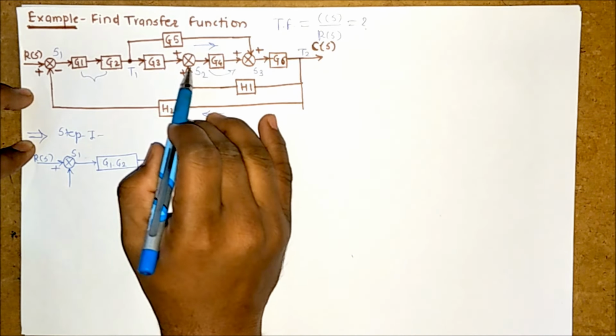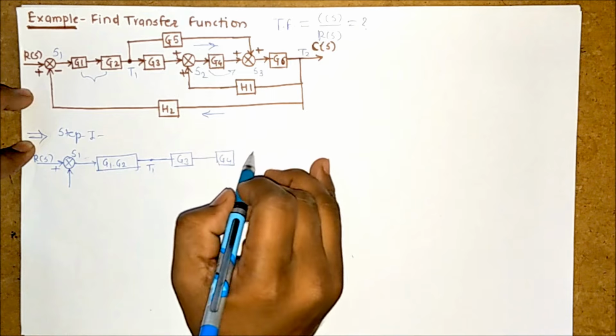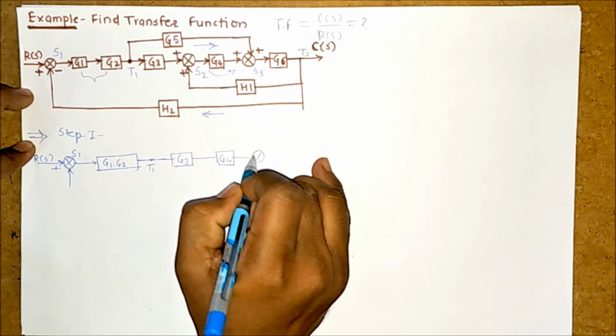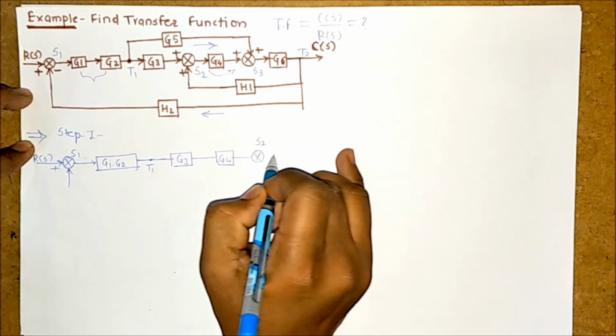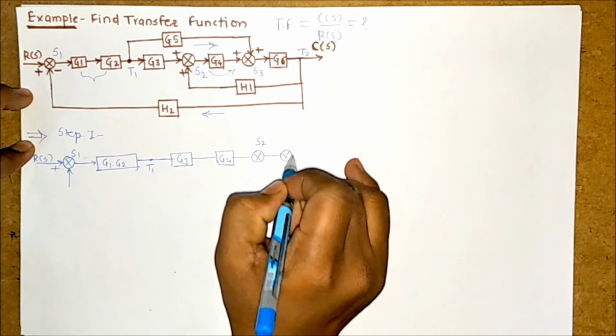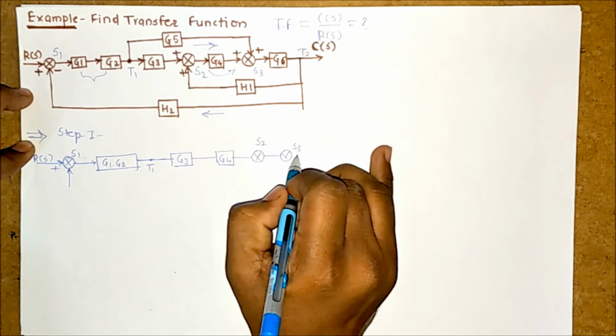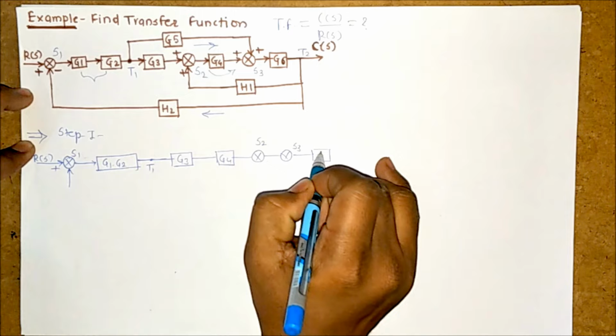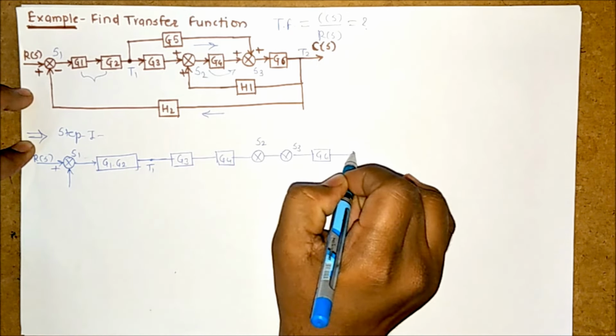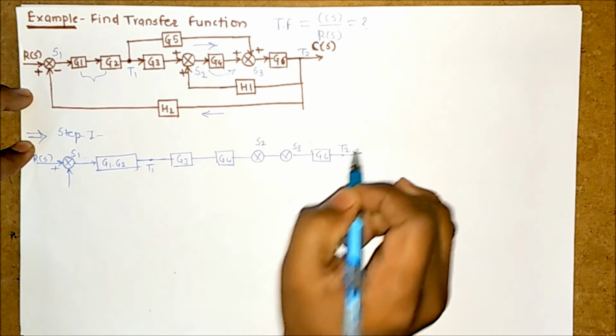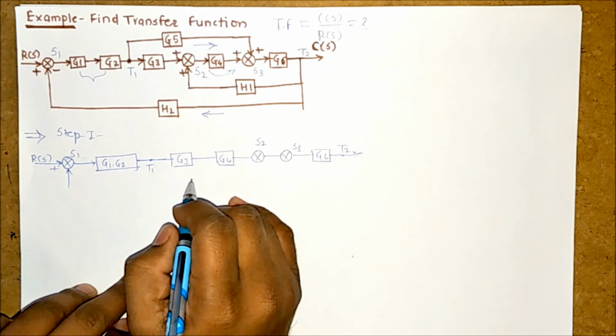Here I am shifting this summing point S2 to the right side, means here you get the S2 block, here you get the S3 block, after that G6, here is our takeoff point T2.